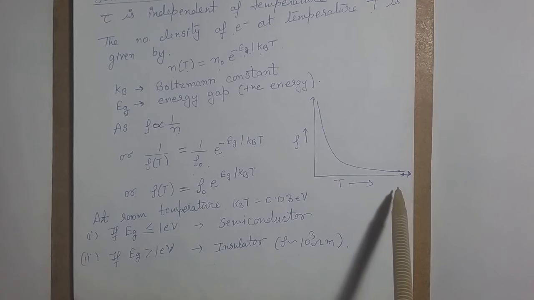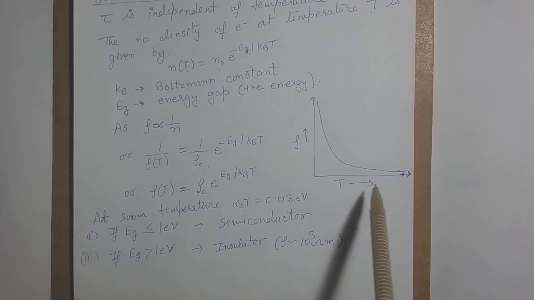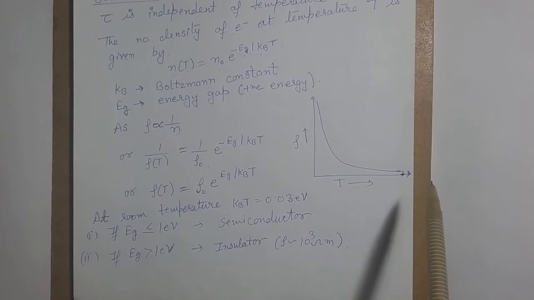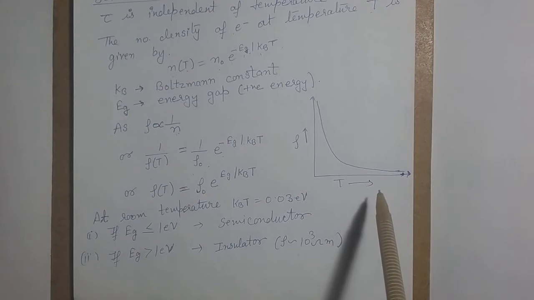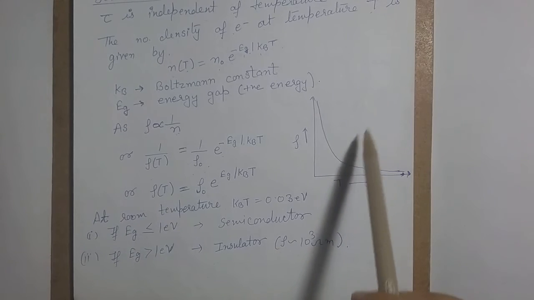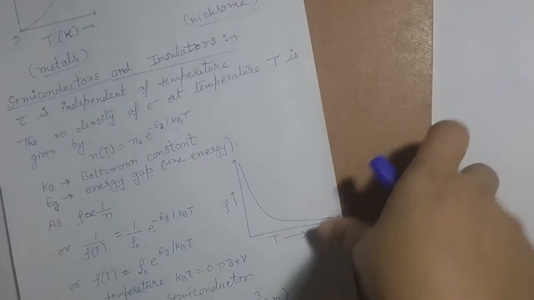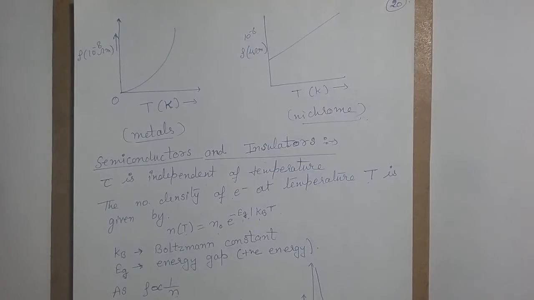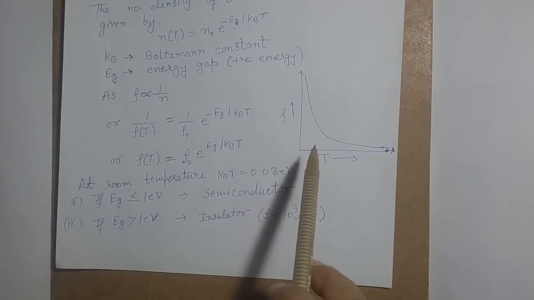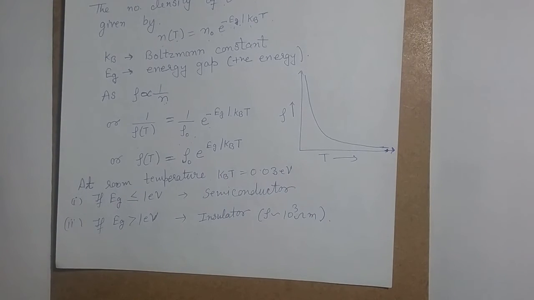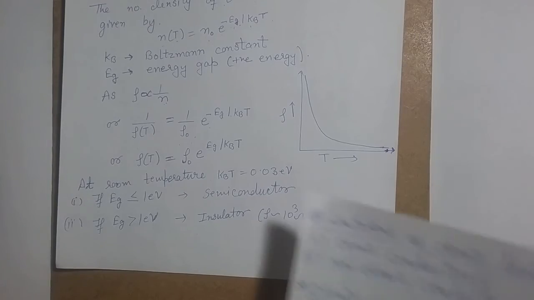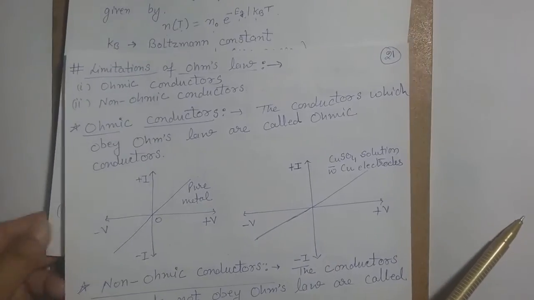With the increase in temperature, there is a fall in the resistivity, and this is opposite to the case of conductors. In case of conductors, with rise in temperature the resistivity increases, but in this case the resistivity decreases with rise in temperature. This is the case for conductors, and this is the case for semiconductors. So both behave in opposite manner with rise in temperature in terms of resistivity.